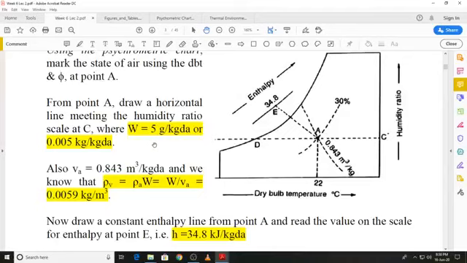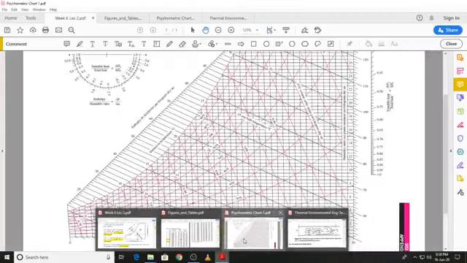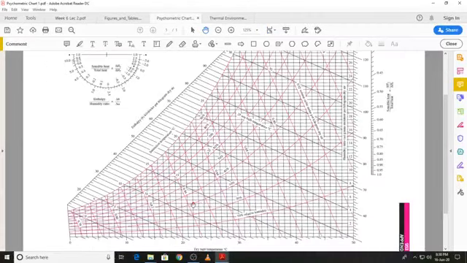I will first find out the humidity ratio. That is straightforward. You just simply draw a horizontal line from the state point onto the vertical axis, and you can see that the humidity ratio is 5 grams per kilogram dry air.